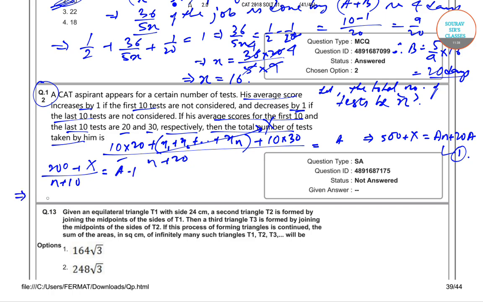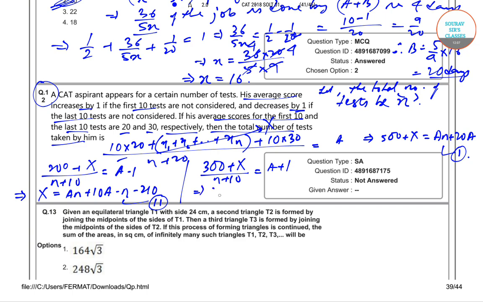So if we take only capital X, capital X will be equal to an plus 10a minus n minus 210. This we can take as equation 2. And the next condition is that 300 plus x, if we are not considering the first 10 tests, n plus 10, will be equal to a plus 1.